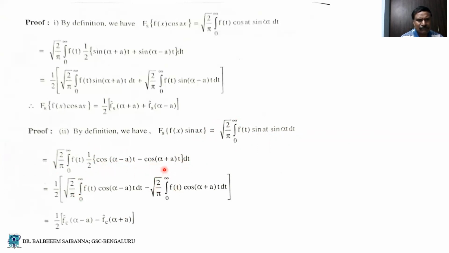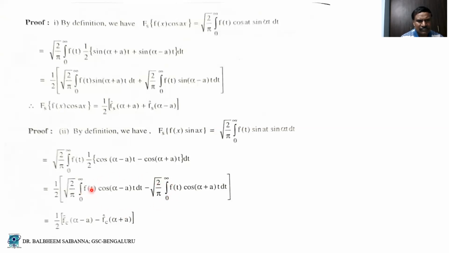Here we are taking the t common. So again we are splitting, since two terms are there, and writing the two integrals. 1 by 2 is common outside: root 2 by pi integral 0 to infinity f of t cos(alpha minus a)t dt, minus again root 2 by pi integral 0 to infinity f of t cos(alpha plus a)t dt.